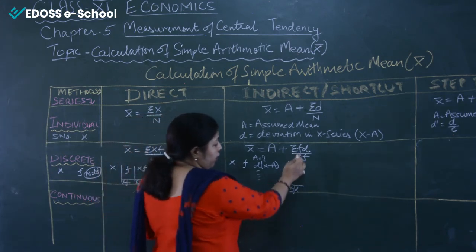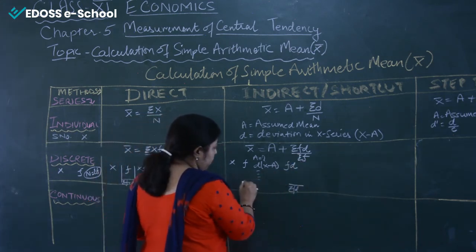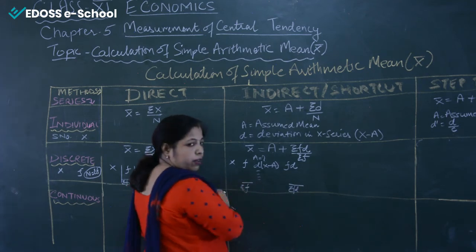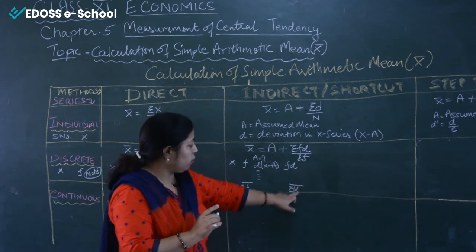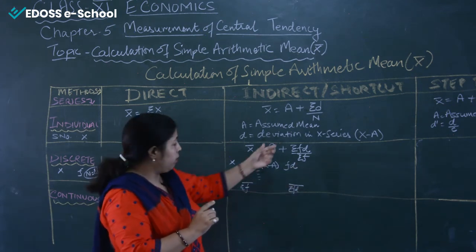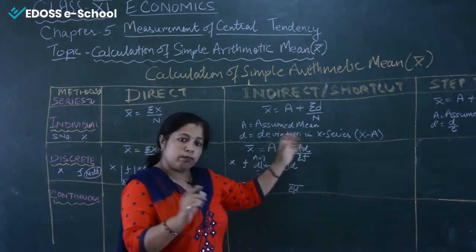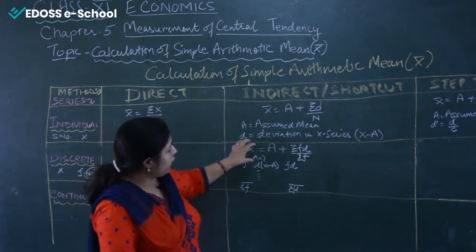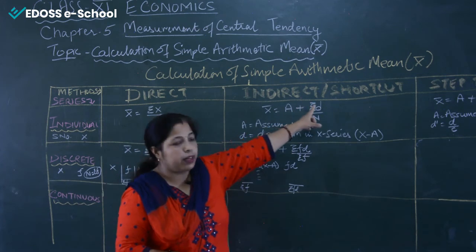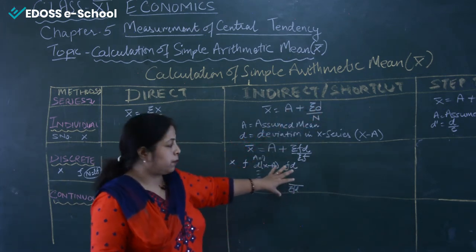So FD we got from here. Summation F we will get from here. So we have A, we have summation FD, we have summation F. When we place the values and solve it, we will get the answer. So this is the way we calculate mean under the indirect or shortcut method.